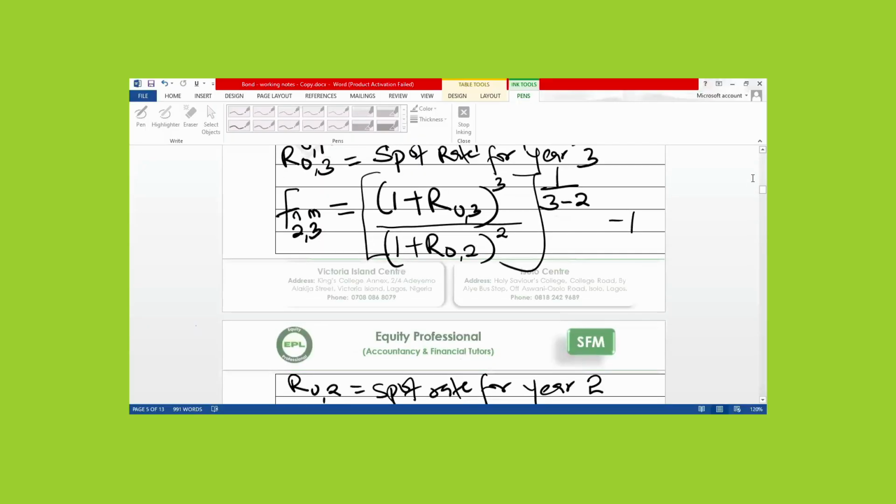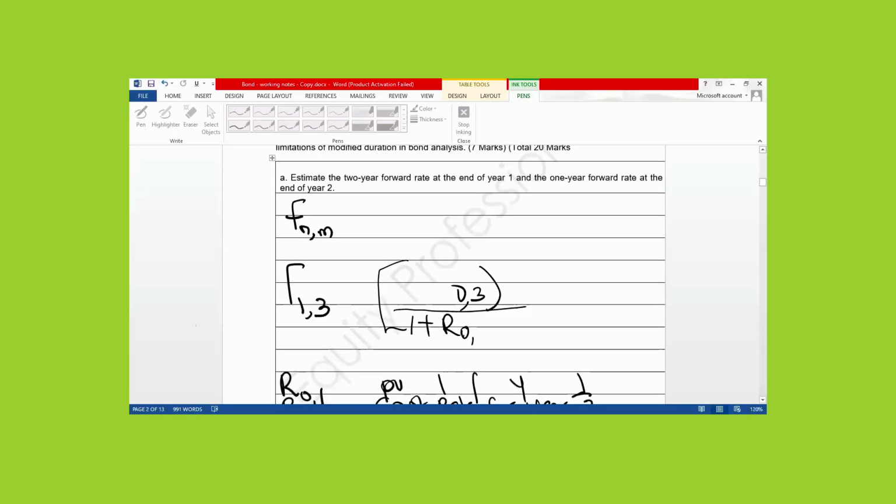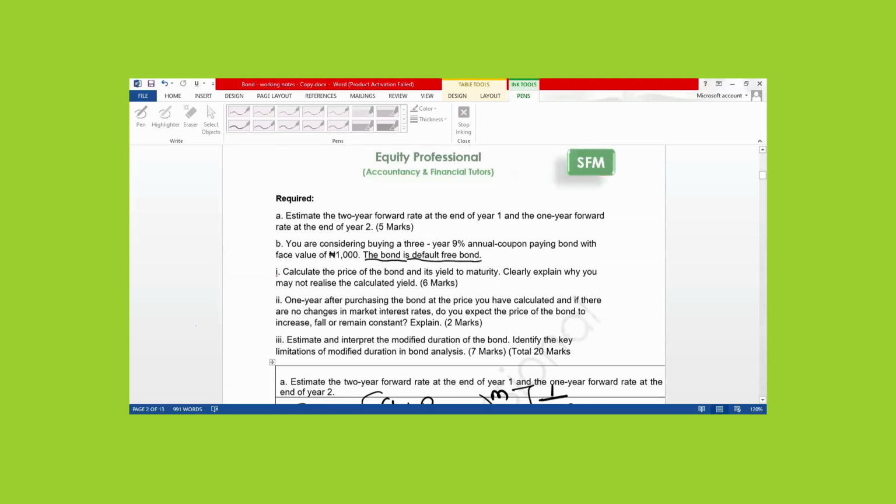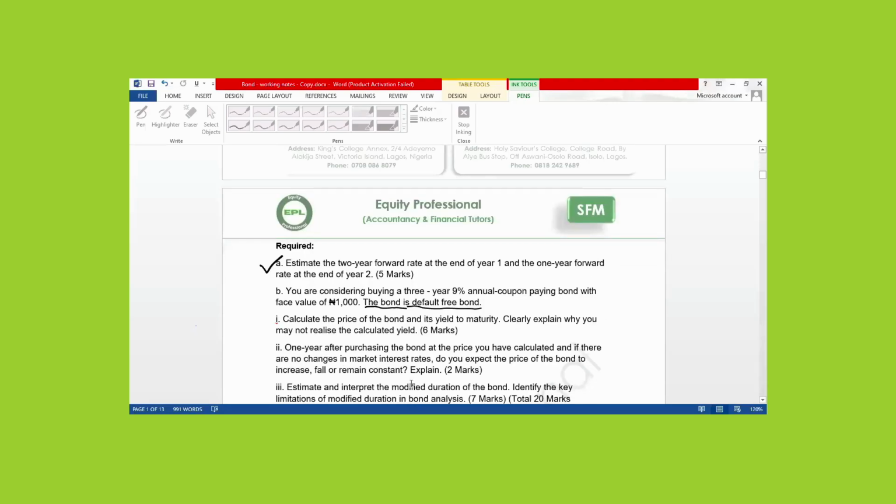As the bond approaches maturity, so what I now want you to answer is, will the price of the bond increase or decrease?